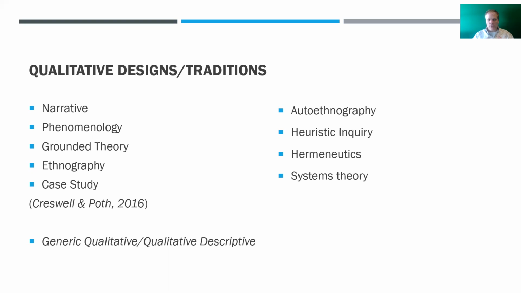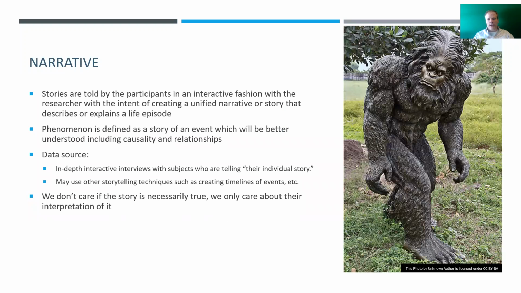And there's also, even beyond what Patton says, other things such as content analysis. And some folks actually put action research into a qualitative scenario, although there's some debate in the literature on that. So today, though, we're just going to cover these six on the left. We're not going to worry about the ones on the right. I may make a video at a later date that gets into more depth on those, but that's what we're focusing on today. So let's start off with narrative.